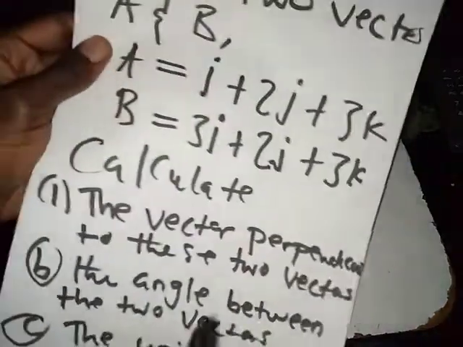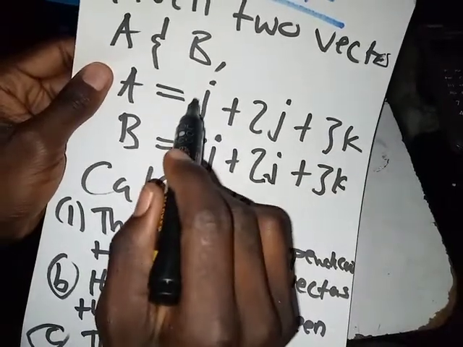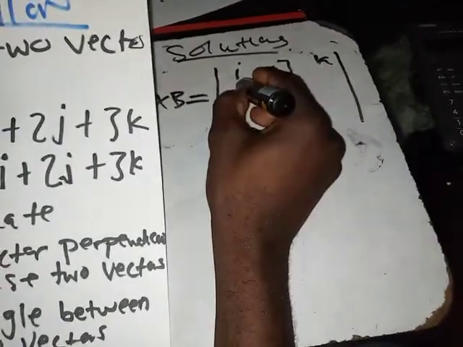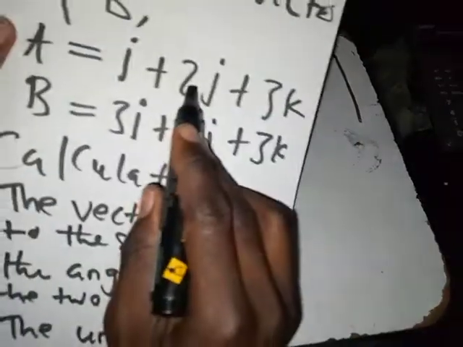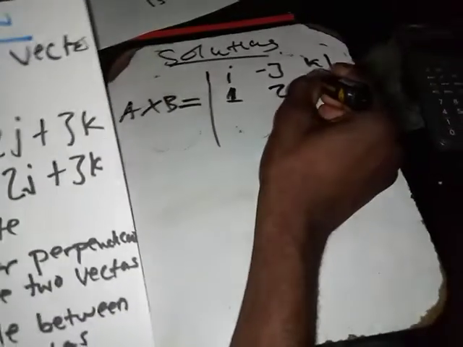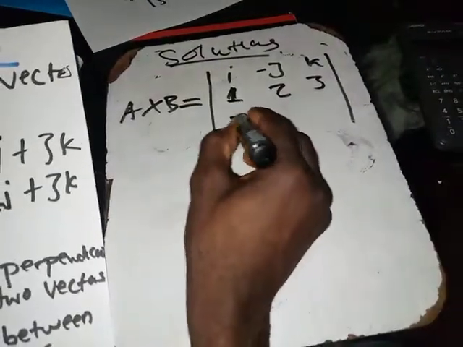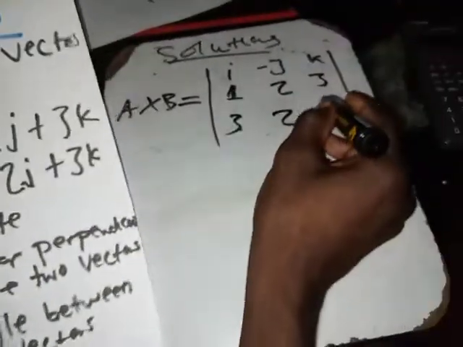You're not supposed to get the figures from your head; the figures are given here. For i the coefficient is 1, so you put 1, then 2, then 3 under k; you put 3, then 2, then 3.